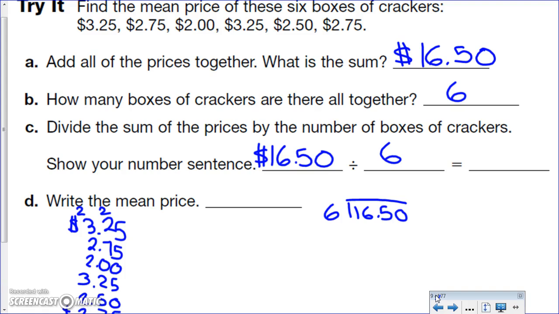We know 6 can't go into 1, but it can go into 16 twice. Then we're going to bring the 5 down. We know 6 can go into 45 7 times because that's 42.